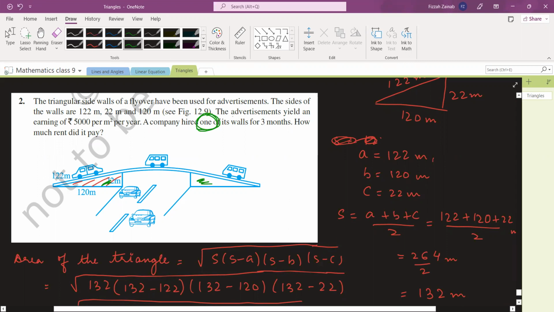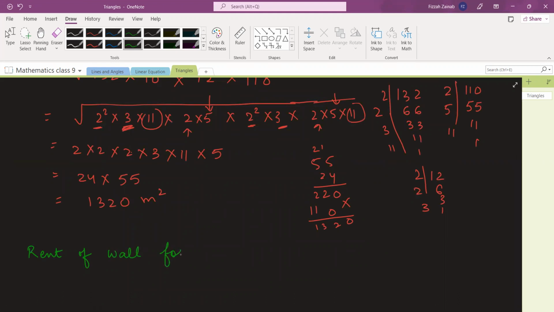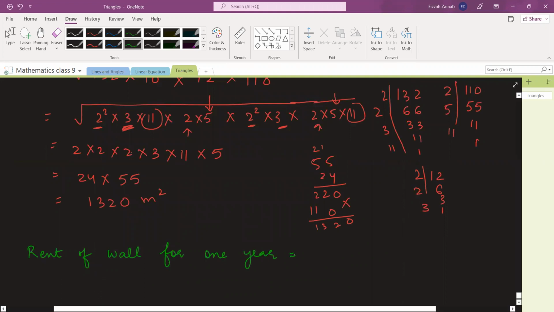Okay. Now the advertisement yields an earning of rupees 5,000 per meter square per year, right? So basically, what is the rent of the wall for 1 year, right? Because in the question per year rent is given.